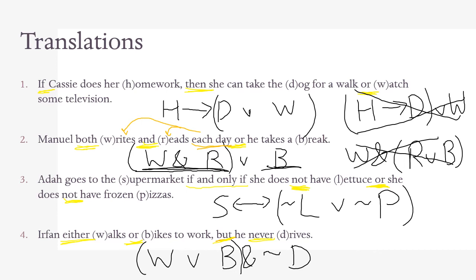Through time and through practice through the next however many presentations we have on translations, it should make a little bit more sense. So just bear with me and make sure you keep on practicing. But we'll do one more slide of them here, and then we'll call it a day for this presentation.